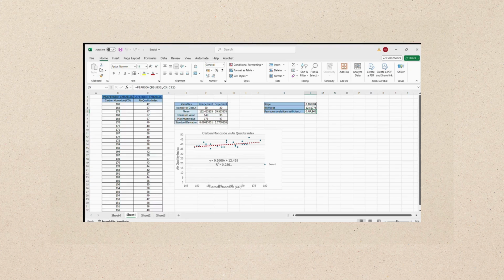The correlation coefficient is calculated by using the formula PEARSON B32, which is carbon monoxide 32, and C32, which is the air quality index 32. By substituting this formula, we can get the Pearson correlation coefficient, which is this value here.